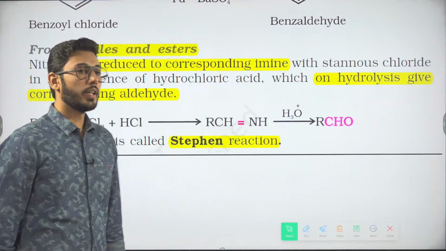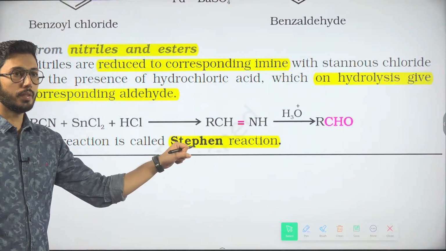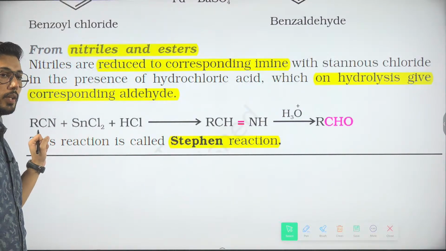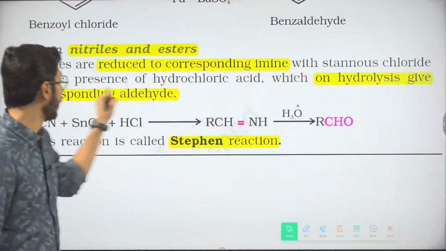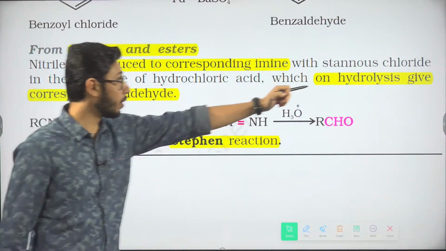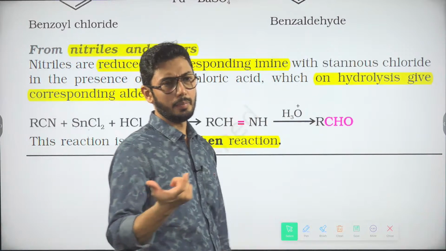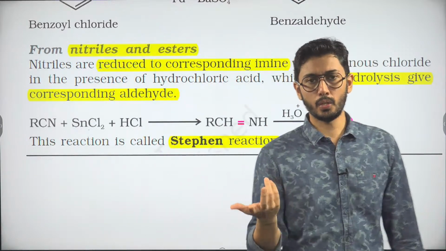Then next one, another name reaction, Stephen's reaction. In Stephen reaction, what is taken? Nitrile group, cyanide. With which reagent? Stannous chloride with HCl. That is written here. Stannous chloride with HCl. The final answer after hydrolysis is aldehyde. In between an imine is given; if you remember, it's very good.